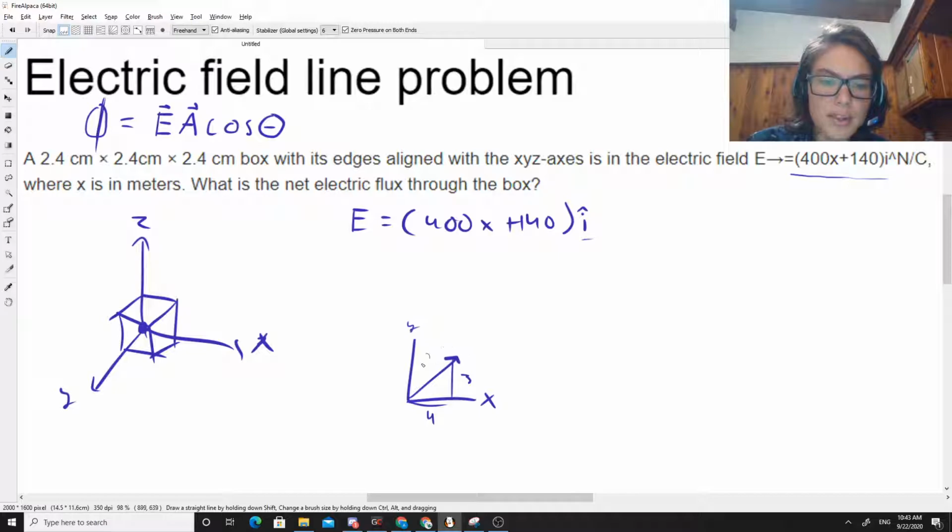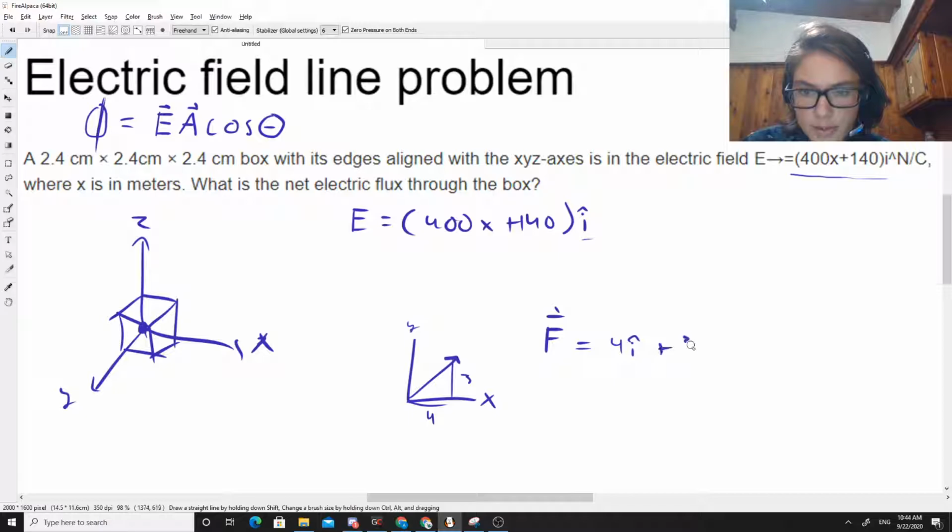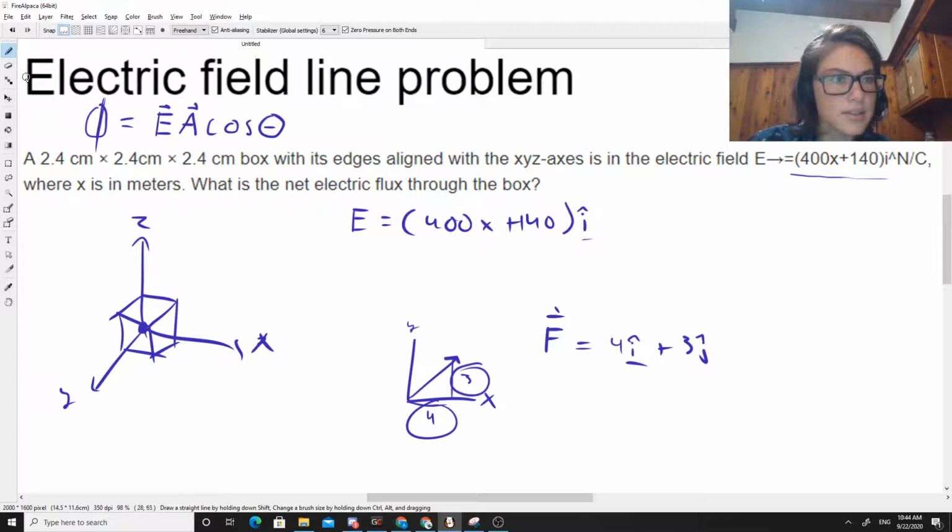If you were to write this force vector out in terms of its base unit vectors, it's equal to 4i hat plus 3j hat, right? Because i hat dictates the magnitude in the x direction, and j hat dictates the magnitude in the y direction.